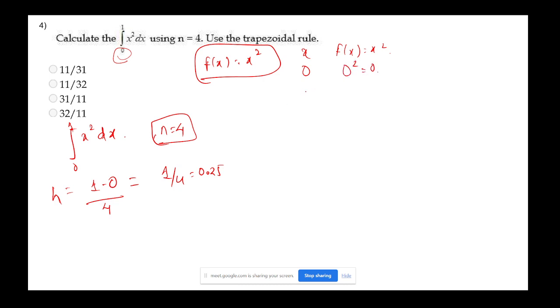The next data point will be 0 plus 0.25, because there is a difference of 0.25 between each x. So 0 plus 0.25 is 0.25, and you take the square of 0.25, which comes out to be 0.0625.